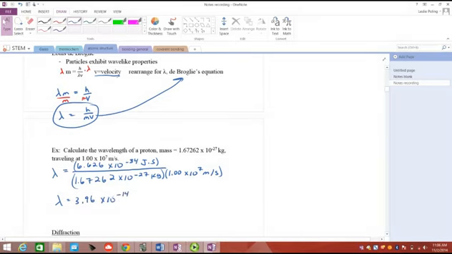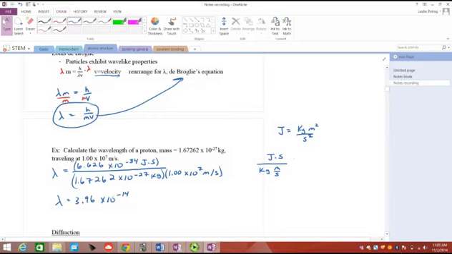Okay, but what are the units on this? Let's look at the units separately. We've got joules times seconds, and on the bottom, we've got kilograms meters per second. It doesn't really look like anything cancels. So we need to know what joules are. Joules is kilogram meter squared per second squared.